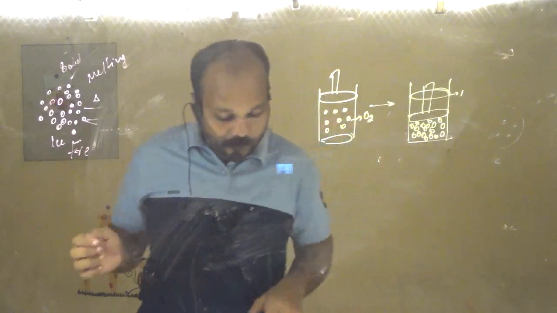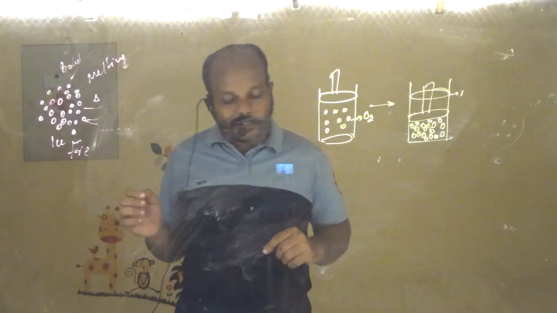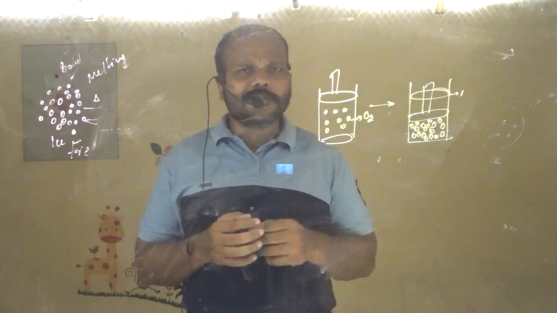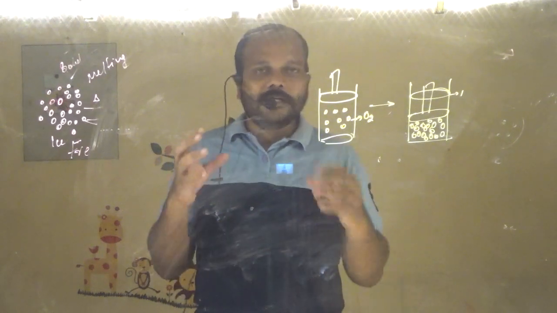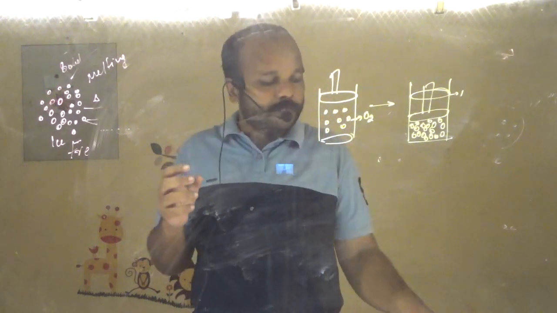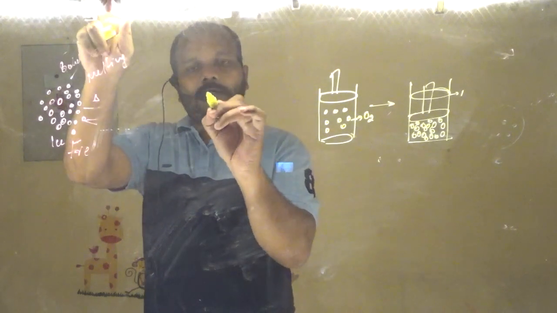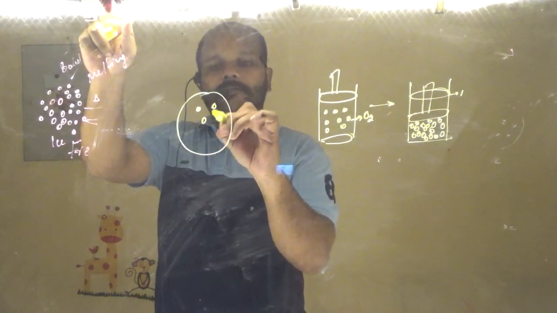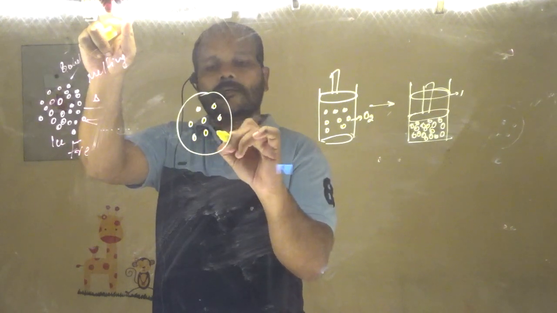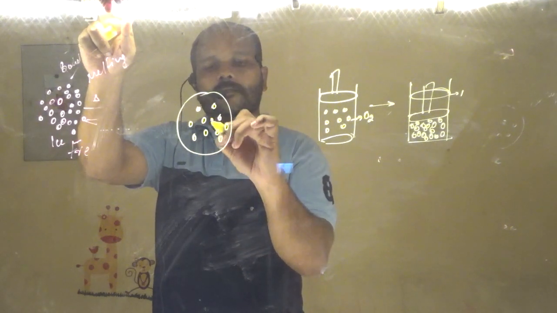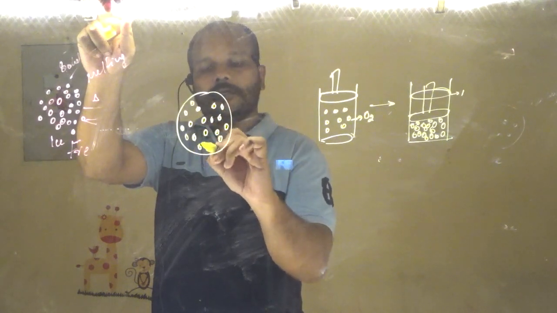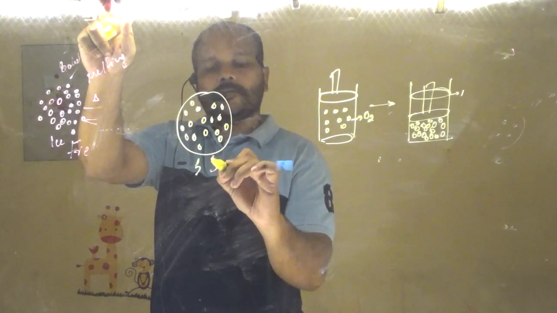Now the second question is why solids expand on heating. Because when heating, the particles acquire more energy. For example, let this be a solid particle. When you heat it, what will happen?